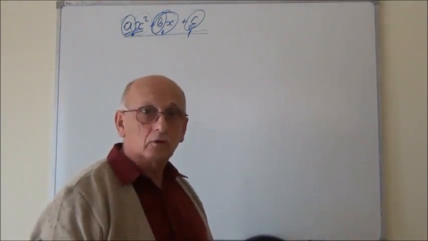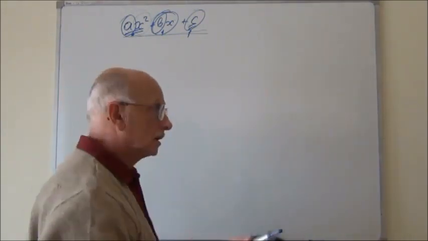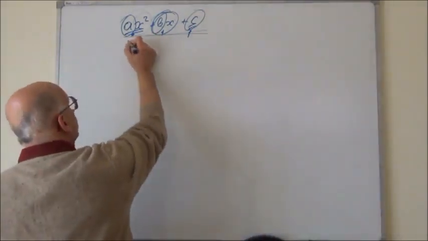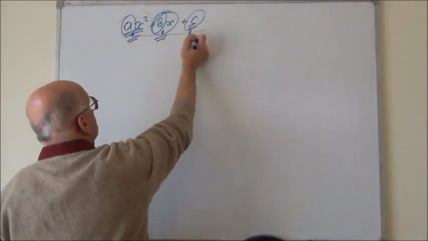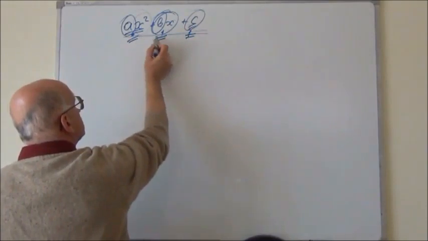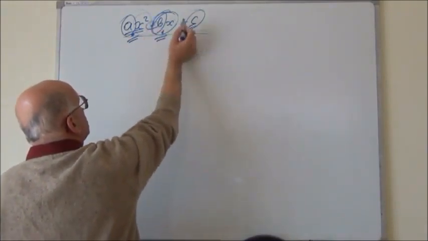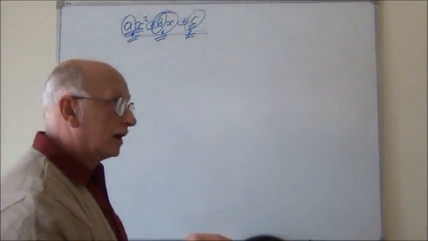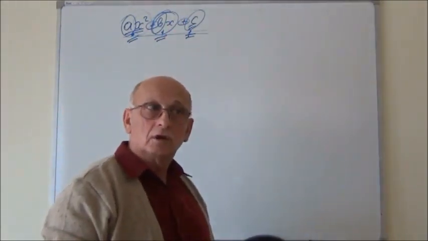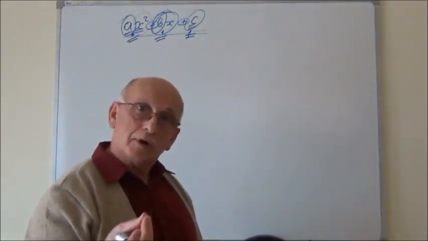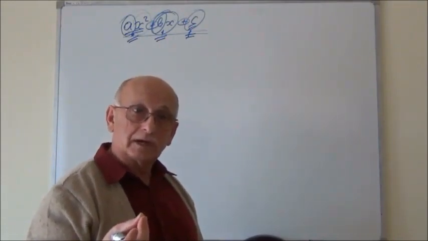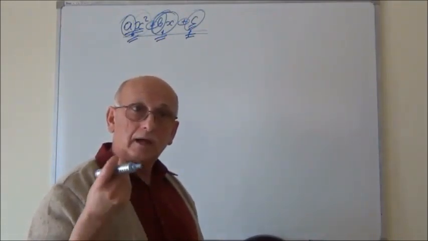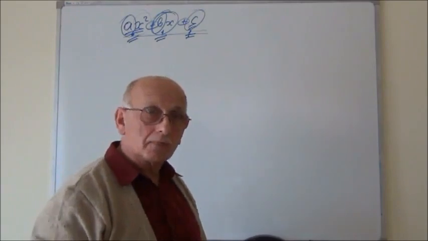Never forget it. Always keep in mind, terms are parts of a mathematical expression that are connected to each other by pluses or minuses, while factors are again parts of some mathematical expression, but they multiply each other.